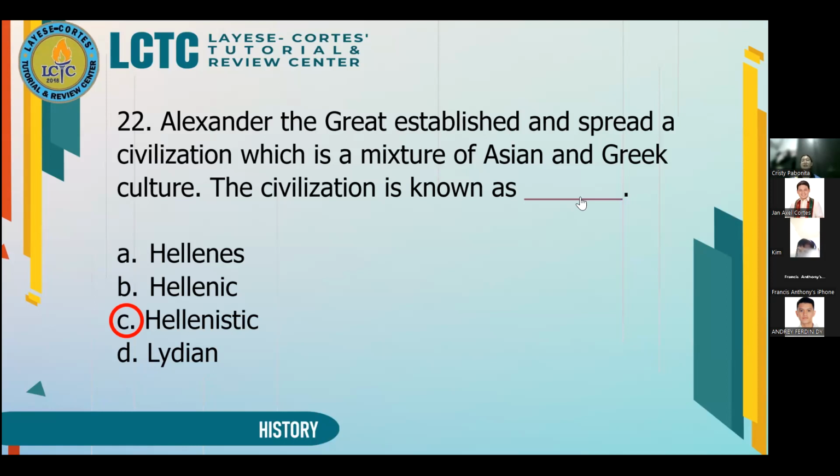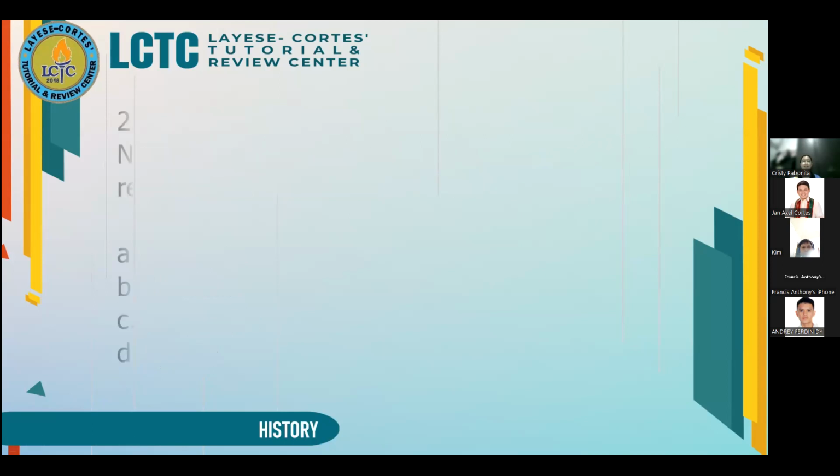It is where the word Hellenistic is derived. So the answer is Hellenistic.